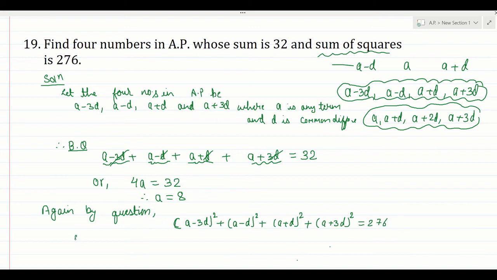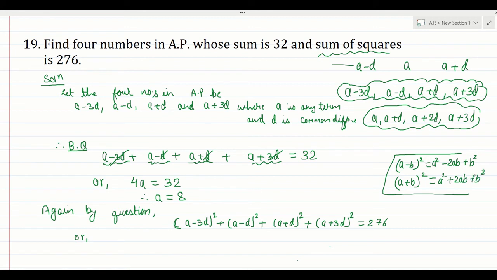Now let's open the bracket. We know the formula for a minus b whole square is a square minus 2ab plus b square, and the formula for a plus b whole square is a square plus 2ab plus b square, isn't this?